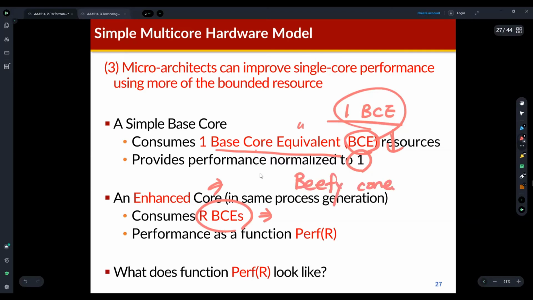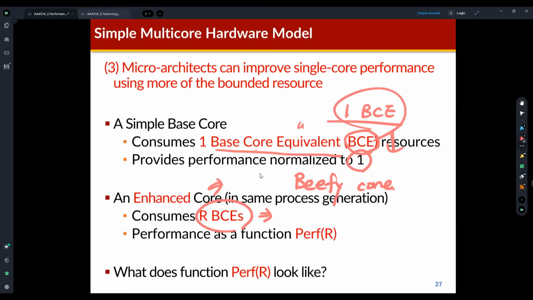If we invest R times the resources, then the performance would be proportional to this cost.